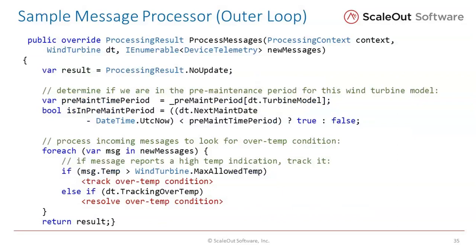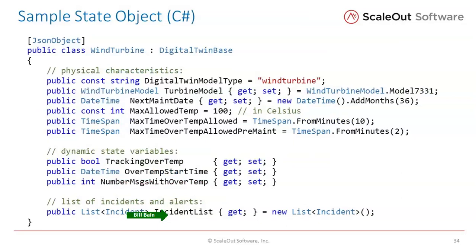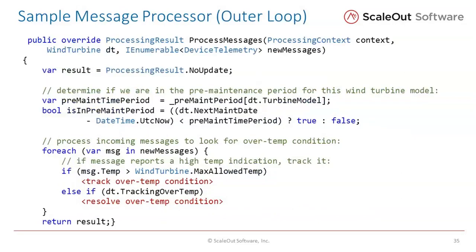So the user defines two things: this state object, and in addition, a message processing method. This message processing method takes an instance of that state object, and a list of messages that have come in. Most of these IoT platforms will deliver messages in groups, and that allows us to maximize throughput and minimize overall latency for handling those messages.